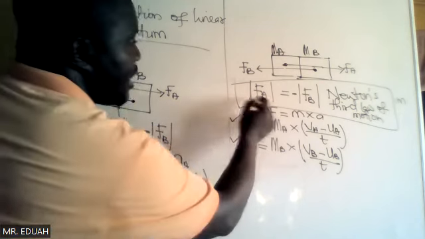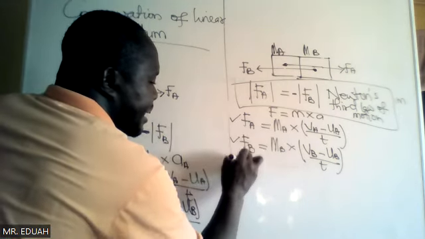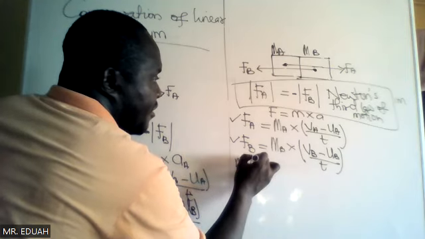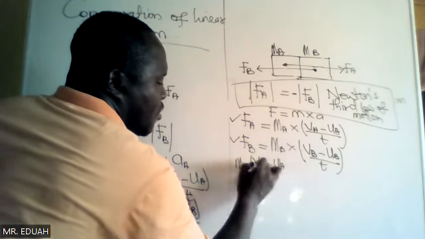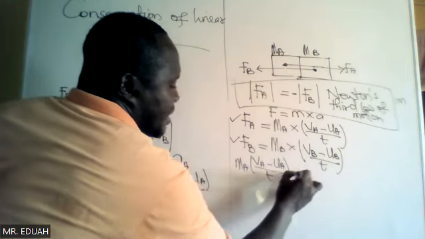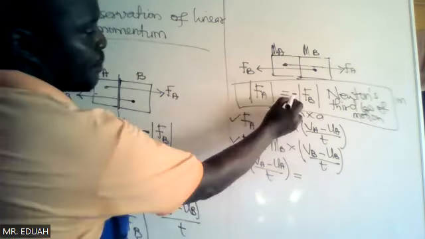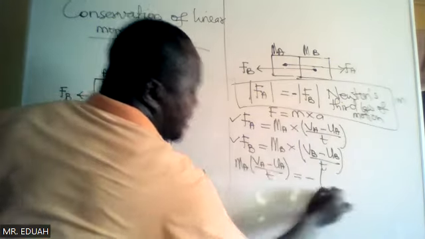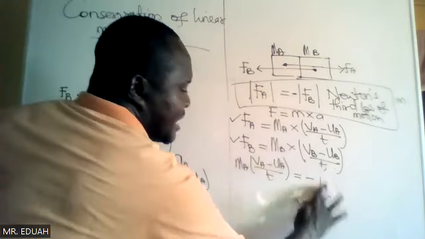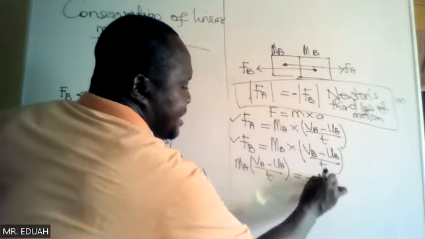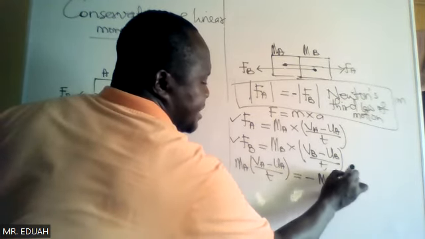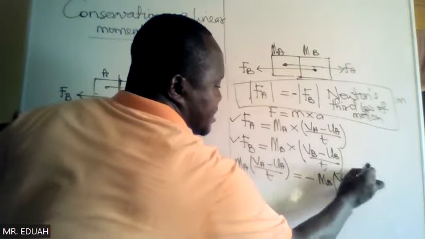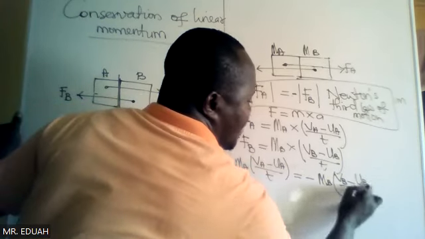So MA (VA minus UA) over T is equal to minus of FB. But FB is this. FB is MB times (VB minus UB) over T.